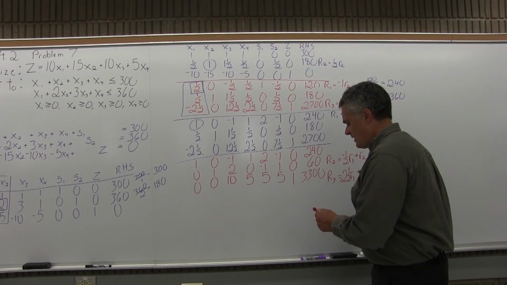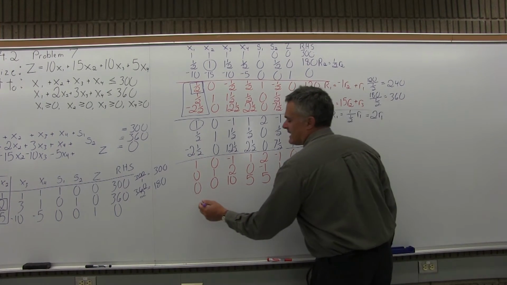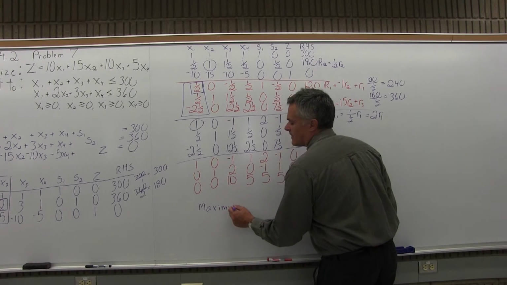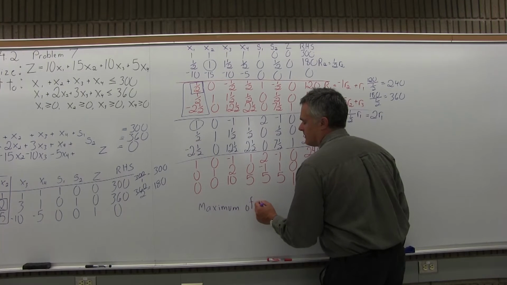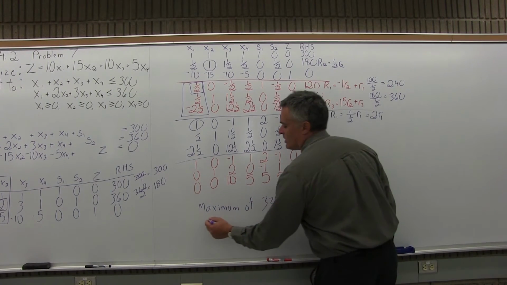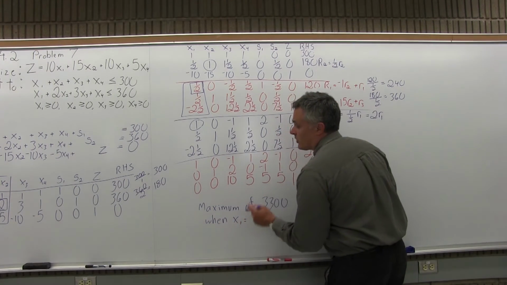So let me write the solution underneath again. I'm going to go to a different color. So we can say maximum of 3,300 when x1 equals.